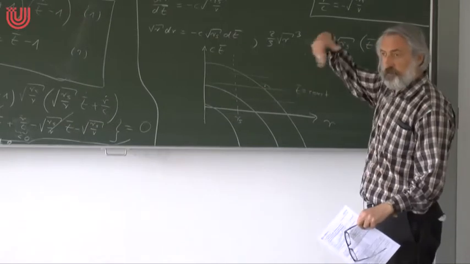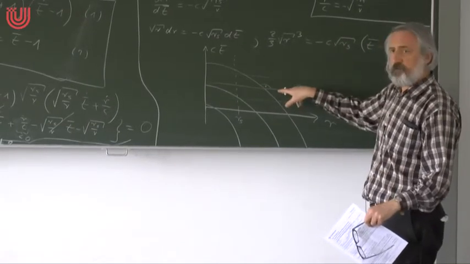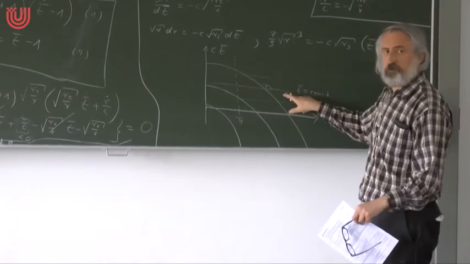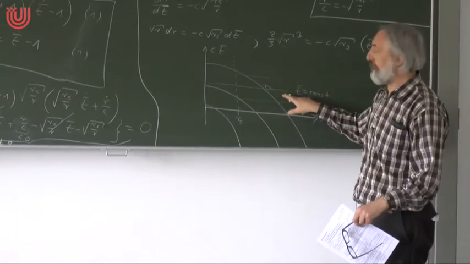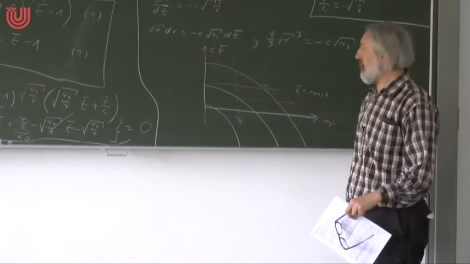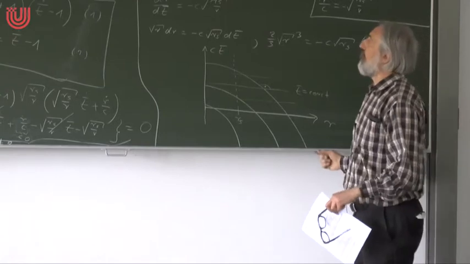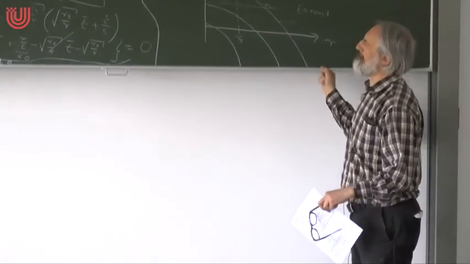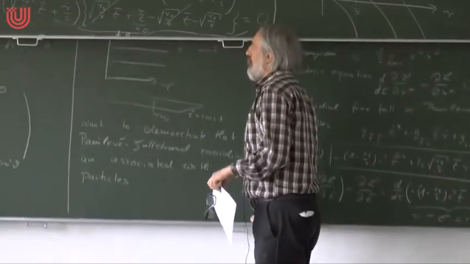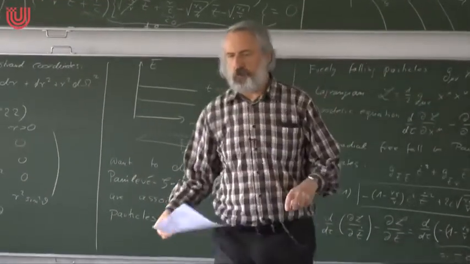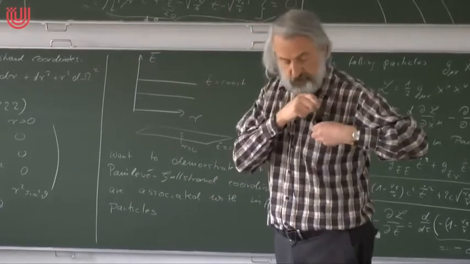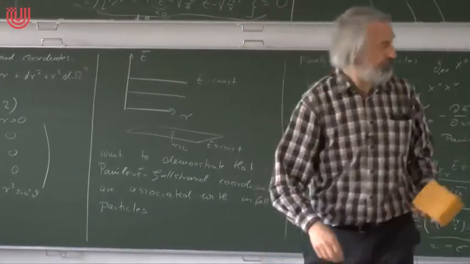Always remember there are the two angle coordinates, which are not shown in these pictures. So this is three-dimensional: there's the r running and also theta and phi, which are not shown. These three-dimensional hypersurfaces are perpendicular to these world lines. This is what I still have to prove. We haven't checked this. So I want to prove that these world lines intersect the surfaces t bar equal constant orthogonally.